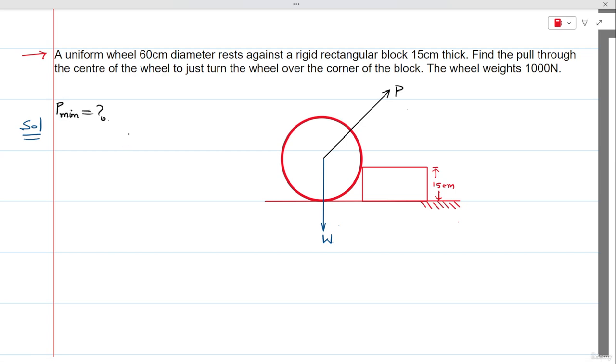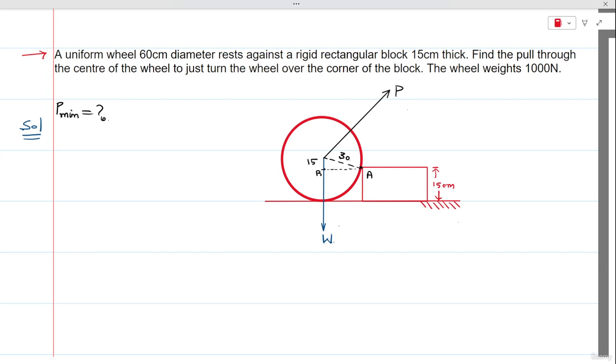Now here, how can I decide the P is minimum? Let's call this point as A, and the diameter is 60 centimeters, which means radius would be 30 centimeters, and the height of the block is 15 centimeters. So this distance, that is from the center of the disc up till the tip of the block, even this distance would be 15 centimeters.